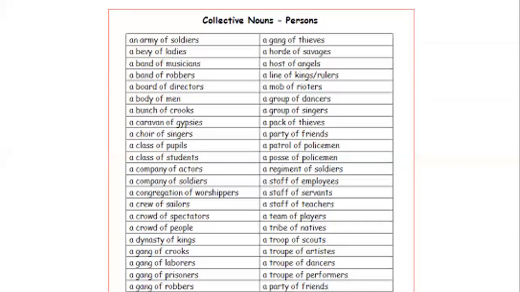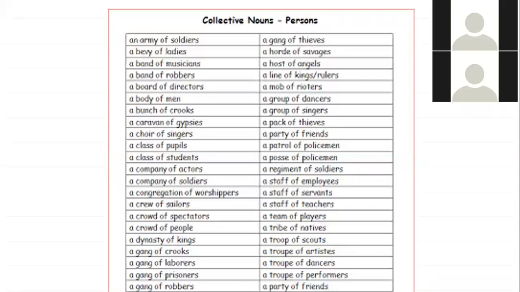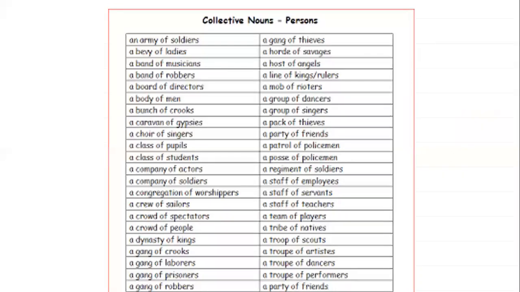A board of directors and a mob of rioters. Those are some examples of collective nouns of persons, meaning of people. Remember, in a church, we say a congregation of worshipers when there are a lot of people worshiping in a church. We can also say a troop of dancers.